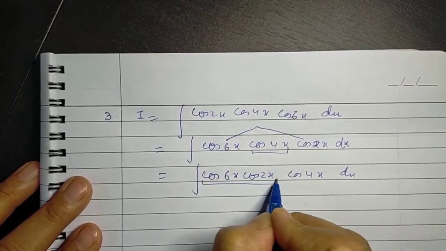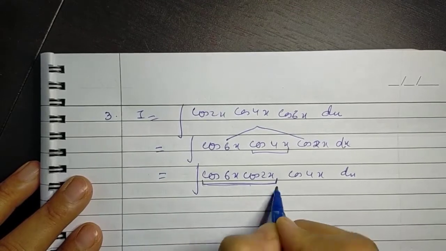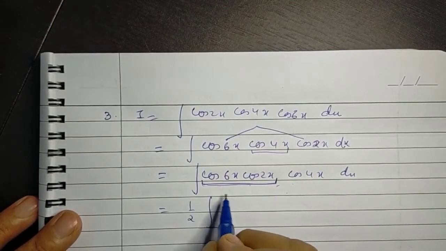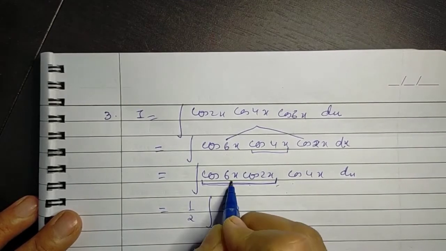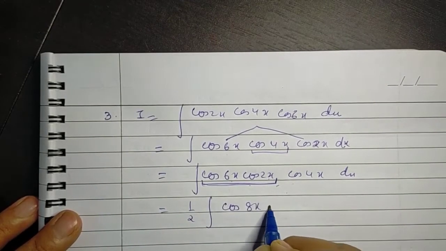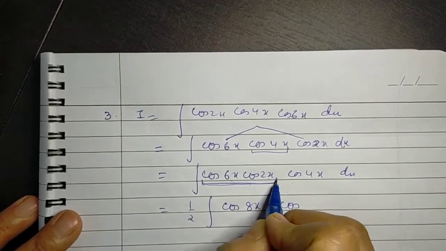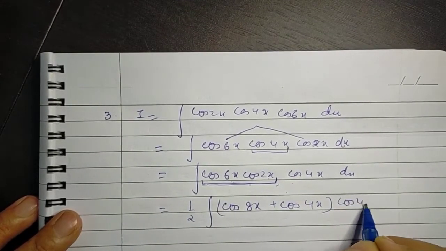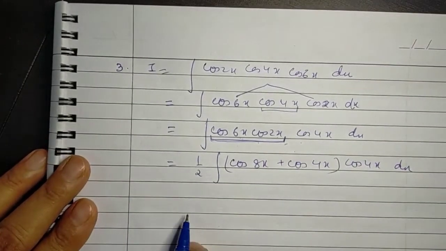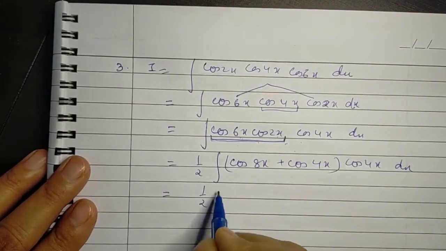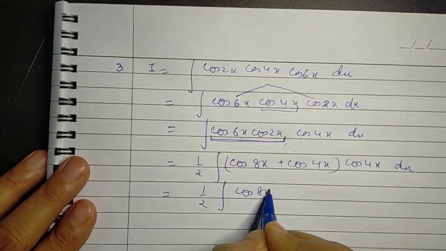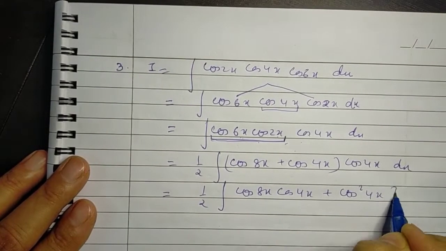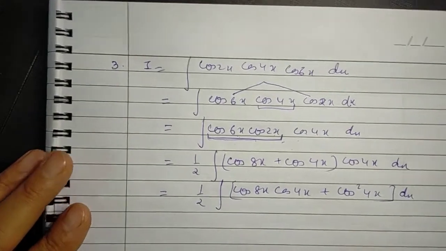Now the product of two cosine functions is half of the sum of cosine functions, that is cos of 6x plus 2x, which is 8x, plus cos of 6x minus 2x, which is 4x, and this gets carried down as it is. Now we open the brackets and we get cos 8x cos 4x plus cos squared 4x whole into dx.